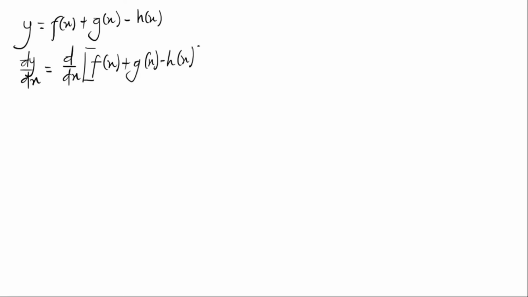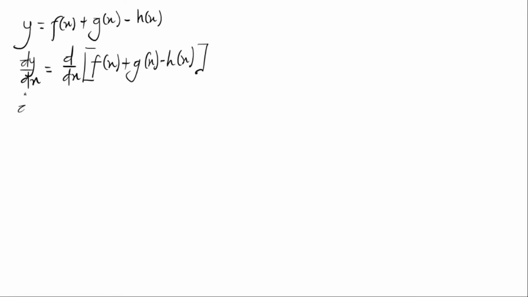Now, when we are differentiating individual functions that are put together by addition or subtraction signs, we can differentiate the individual functions one by one, and then we add all of them together to get the overall differentiation of the function.